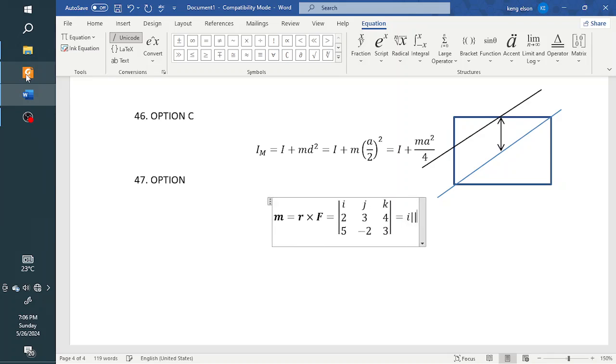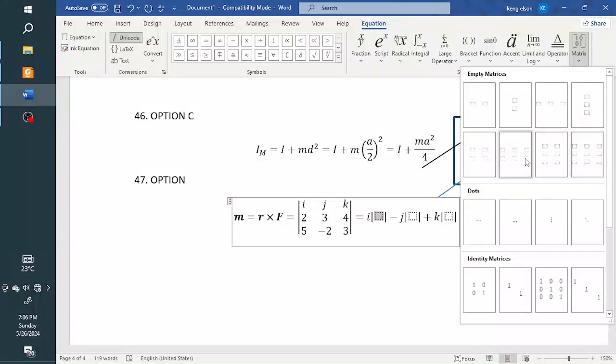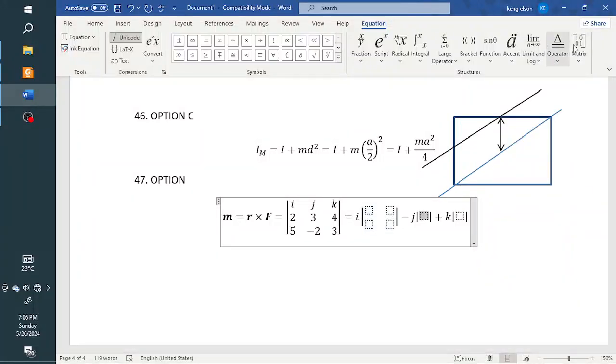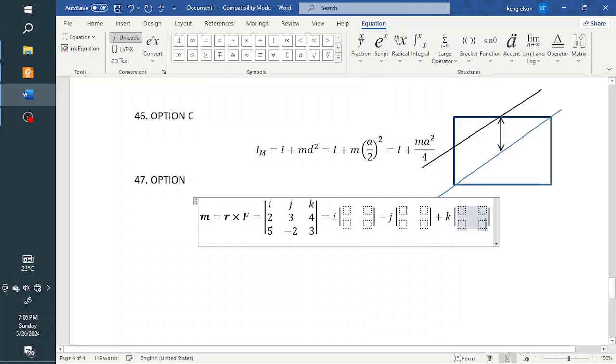Now those are the unit vectors I, J and K. When we keep I, we are going to have a 2 by 2 matrix. When we keep J, we also have a 2 by 2 matrix. We keep K, we also have a 2 by 2 matrix. When I cover this and this, we are left with 3, 4, negative 2, 3.